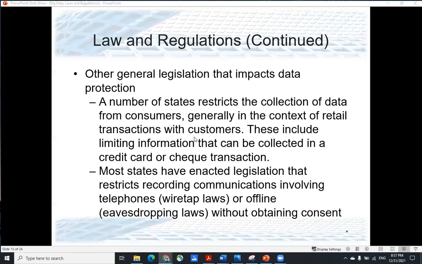A number of states restrict collection of data from consumers, generally in the context of retail transactions with customers. This includes limiting the information that can be collected in credit card or check transactions. Most states have enacted legislation that restricts recording communications involving telephones, wiretap laws, or offline, eavesdropping laws, without obtaining consent.